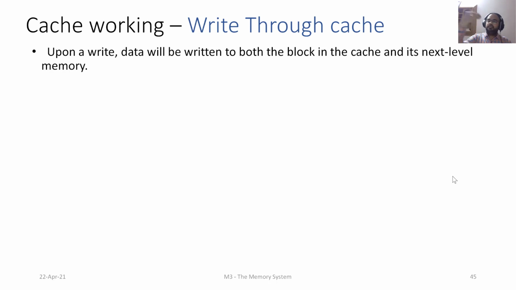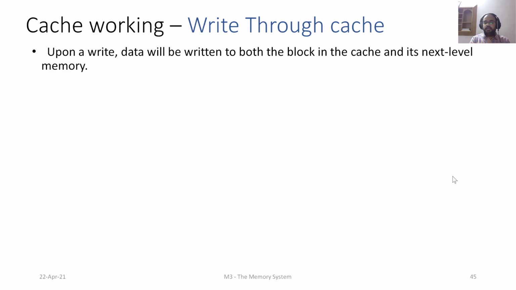In the previous example where we had L1, L2 and L3, if L1 is a write through cache, and L2 is also a write through cache, and L3 is also a write through cache, whatever the processor has written to L1 as a store request will also go to L2 as a write request, and because L2 is also write through, it will go to L3, and because L3 is also write through, it will go to the memory also. In each level, the data gets updated and it will also be forwarded to the next level.